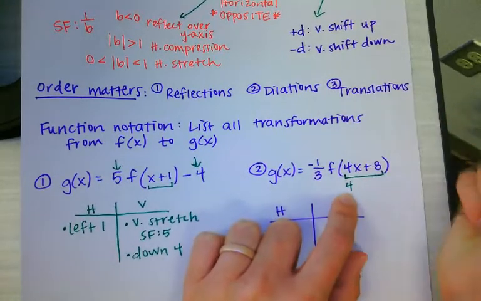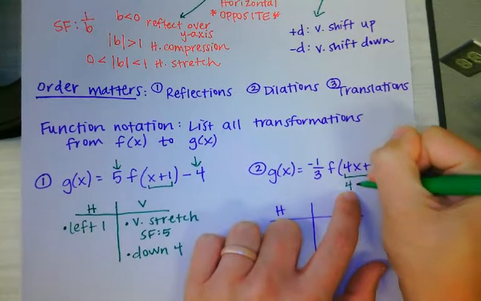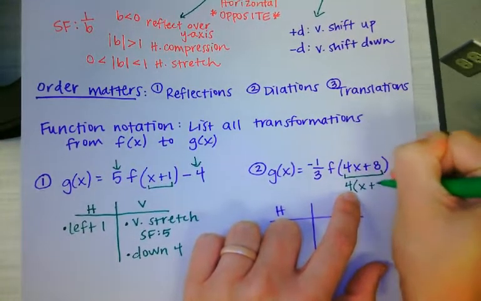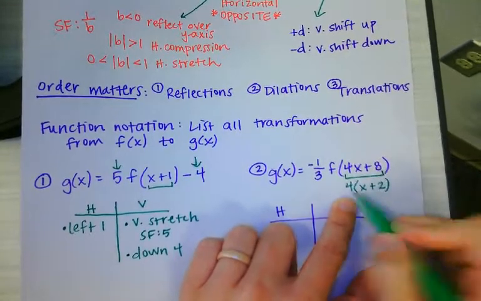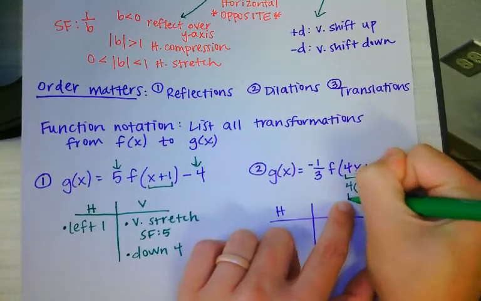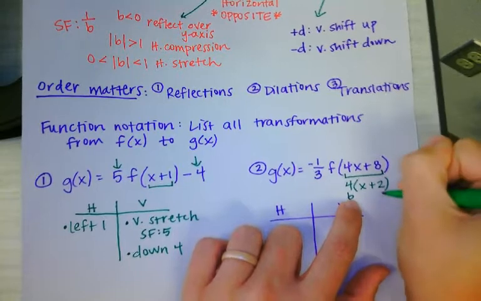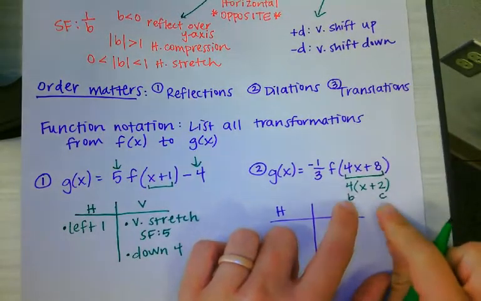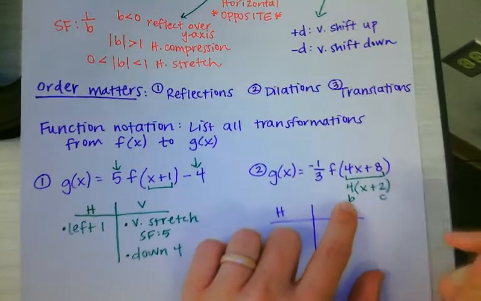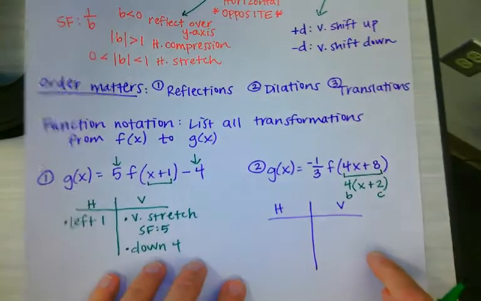We have to factor, I know that's your favorite, factor out the 4, and it leaves x plus 2. I divided the 4x by 4, the 8 by 4, and this separates out my b value from my c value shift. You have to do this or else you will get your shift wrong every time.